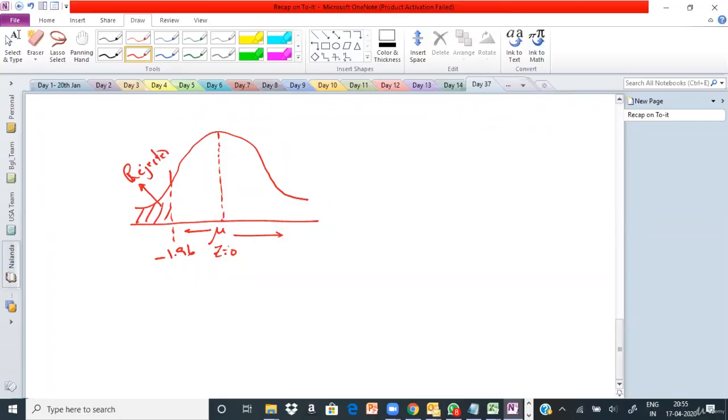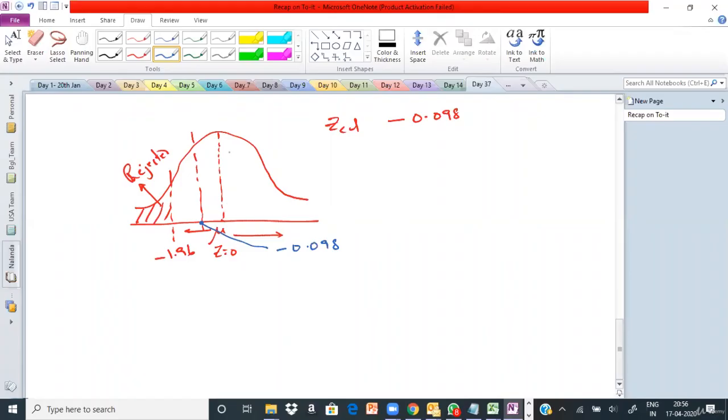Now Z calculated, which you calculated right now, is minus 0.098. This is Z cal. So where is this Z cal falling from center? This is before this minus 1.96. That means you are falling somewhere here. This Z value is minus 0.098.